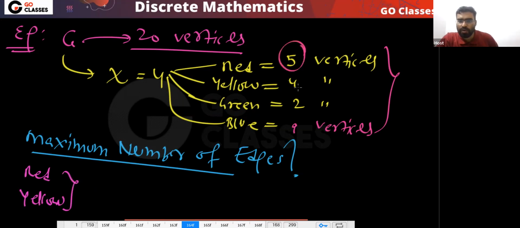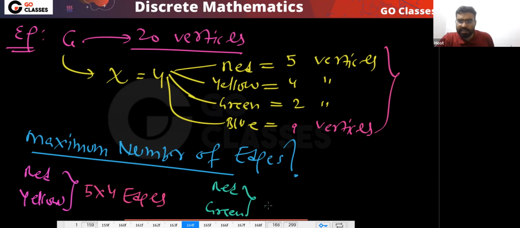You take one vertex from here, one vertex from here, and create an edge. So how many edges can you create? These many edges, red and yellow will create. Similarly, red and green, how many edges will they create? You can notice between every two vertices here, you will create an edge.